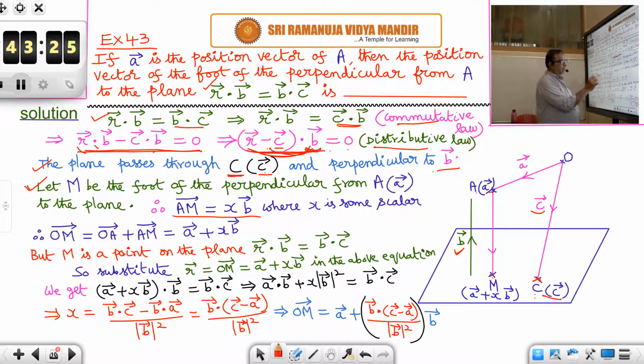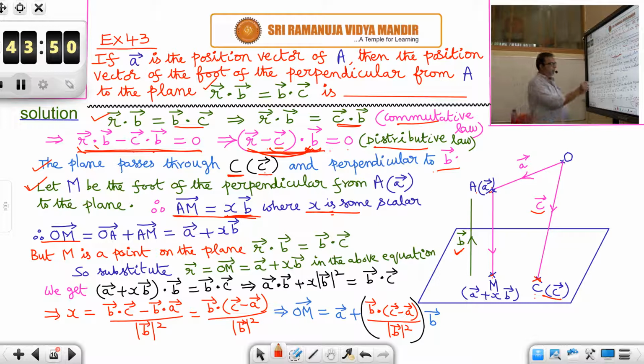Therefore, AM bar can be taken as some x into B bar, and in this case if the diagram is correct, then x will be a negative number because they are unlike vectors. Whatever it may be, x is some scalar. We have to find the value of x. Now, coming to the actual point, we want the position vector of the foot of the perpendicular, that is OM bar.